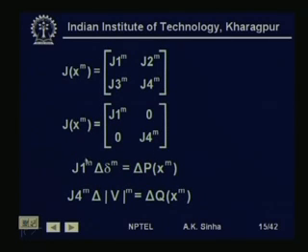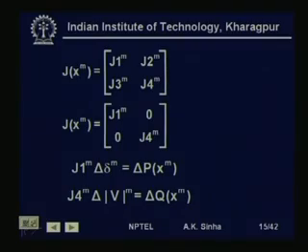Now, if we assume that there is no PV bus, then we have 2 into n minus 1 equations, and the Jacobian matrix is a 2 into n minus 1 by 2 into n minus 1 matrix. Here, only the J1 term is there, which is an n minus 1 by n minus 1 matrix, and the J4 term, which is again an n minus 1 by n minus 1 matrix, if we assume no PV buses.